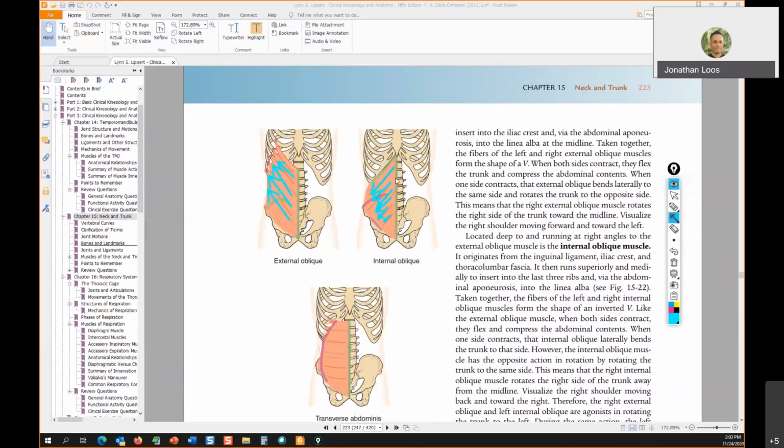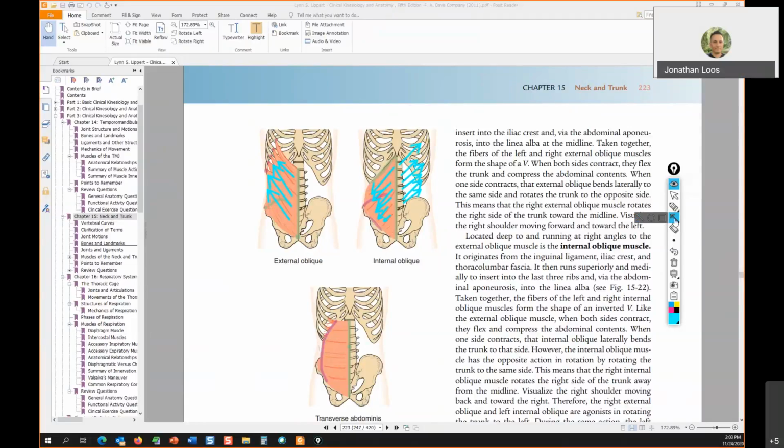It's going to pull the left shoulder across the body, so it's going to do ipsilateral rotation. Right side internal oblique is going to do right trunk rotation. An external oblique comes up and around and grabs, and it's going to do opposite side rotation. If this image was superimposed, I have one in the lecture, you have internal oblique with fibers coming this way, and external oblique with fibers coming this way.